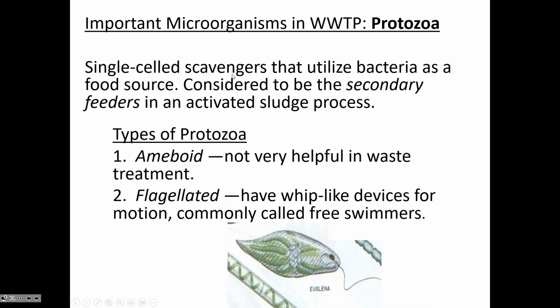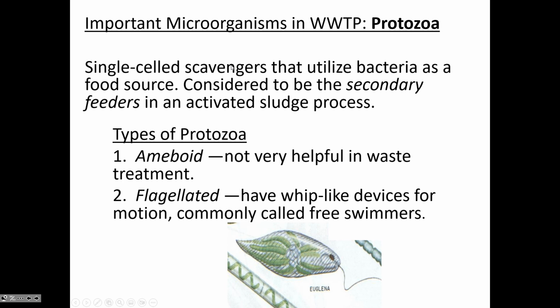Now, protozoa are secondary feeders, meaning that they feed on the eukaryote, and they are considered an indicator that you have a mature sludge that is well established.